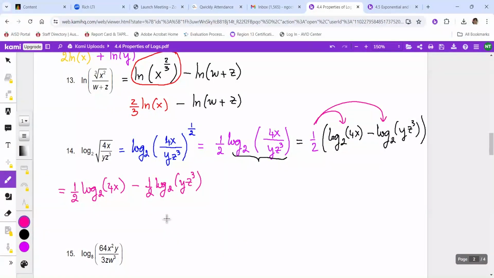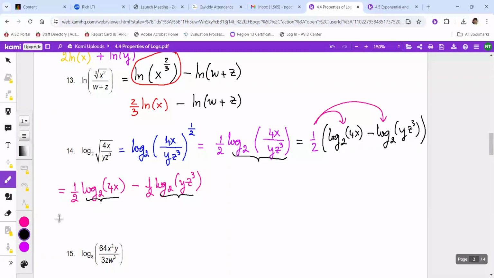But again, we're not done yet. The next step is that we are going to expand log base 2 of 4x and then log base 2 of y times z to the power 3 using the power property.